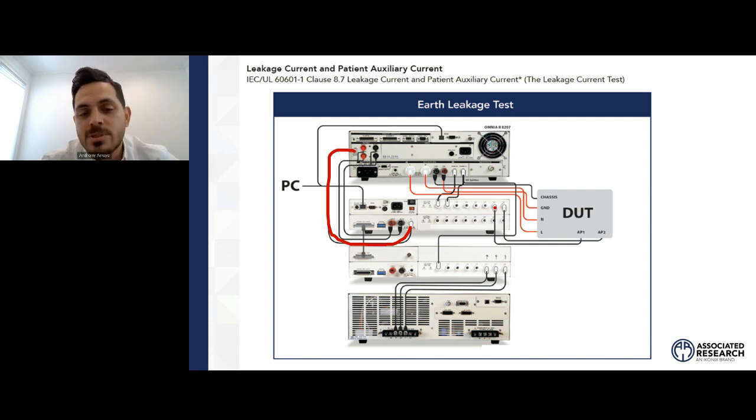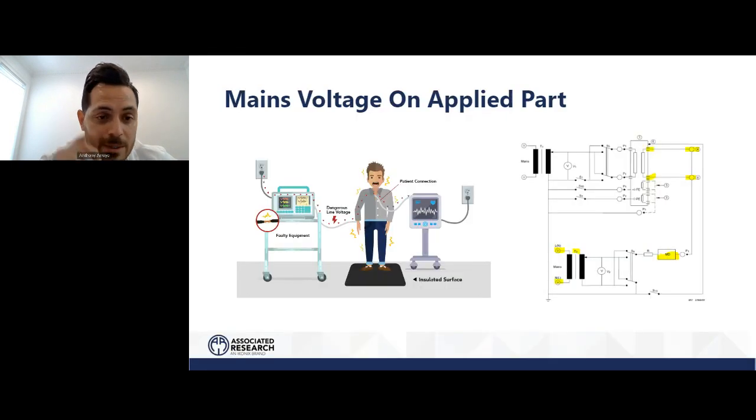Not only can you send probe high for leakage current to your applied parts, you can also send high voltage to that applied part, which are usually those 4,000 volt tests, because you need to ensure that the insulation on the applied part is much more rigorous than mains to ground. And so that's a great point to add, Bashan, right? You can perform applied part hypot with our MedTest system.